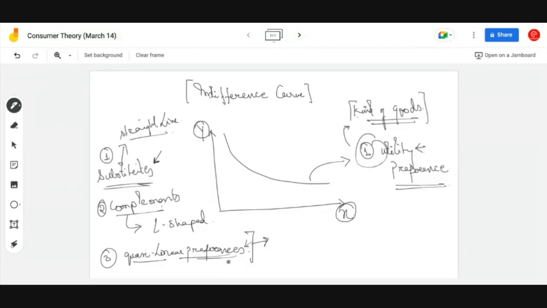So quasi-linear preferences are a special kind of indifference curve, where the consumer consumes both goods. We might consume at this point, or this point, or this point. Basically, wherever we consume on the indifference curve, we are consuming both goods, right?